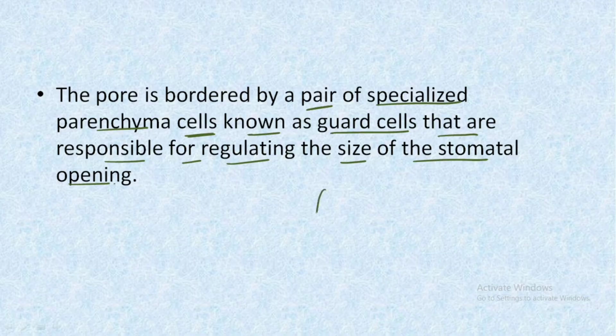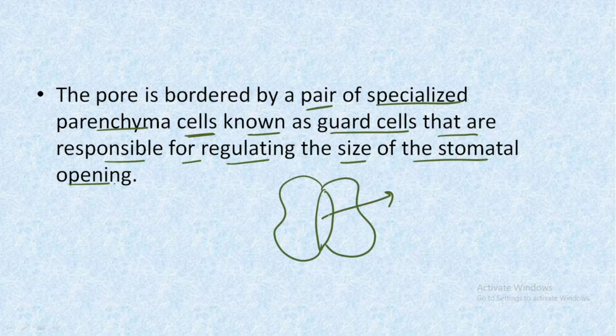That is, consider we have this stomatal opening. So we have some guard cells protecting this opening in order to regulate its opening and closing depending upon the requirement of the cell. We will be understanding this mechanism itself in this video.